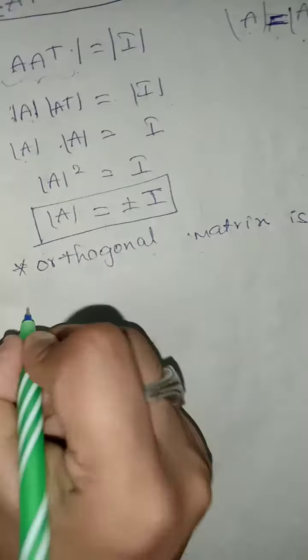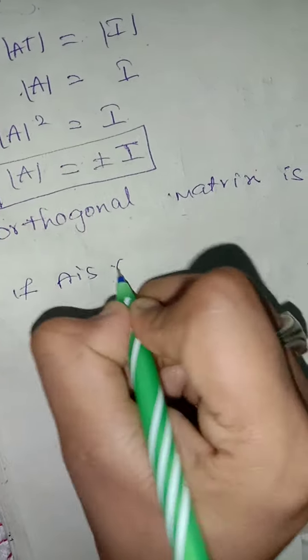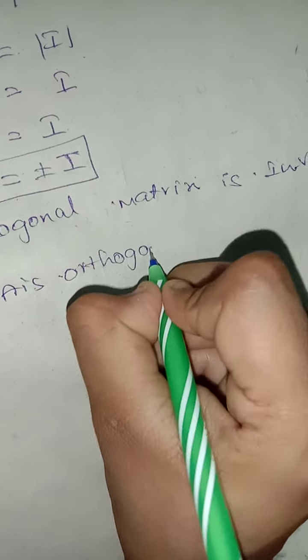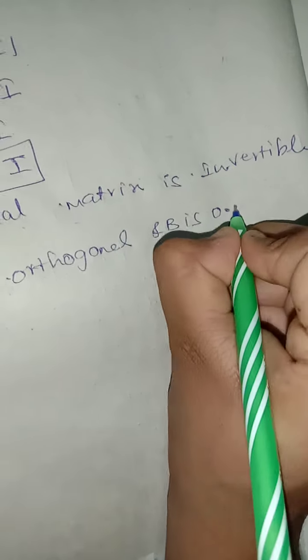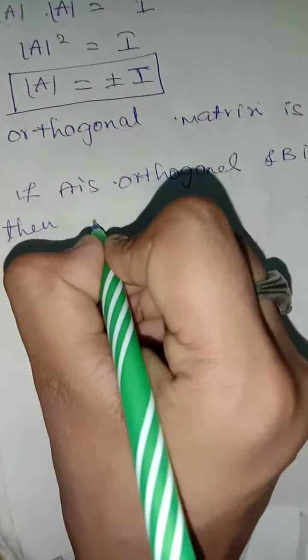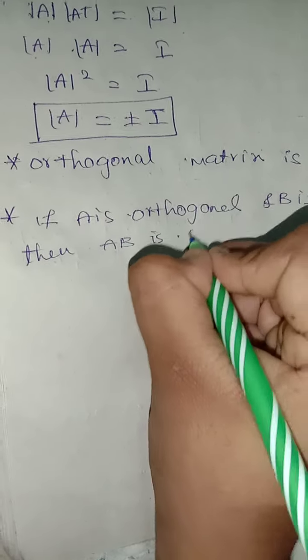And one more thing, if A is orthogonal and B is also an orthogonal matrix, then their product AB is also an orthogonal matrix.